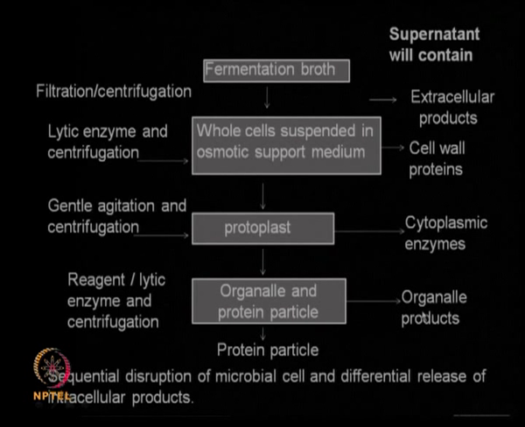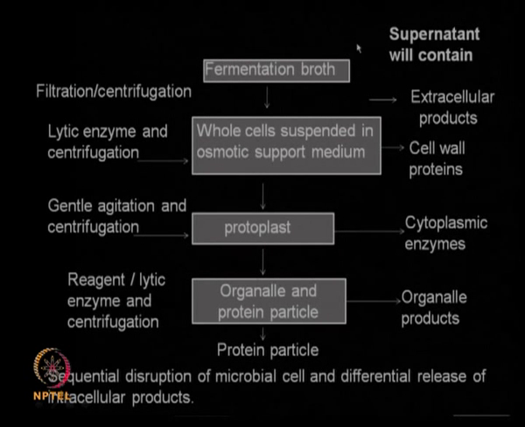If it is present inside organelles, then you need to resort to much higher disruption so that you get the products out. So the supernatant will first have extracellular products, followed by cell wall proteins, followed by cytoplasmic enzymes, and finally followed by the organelle products. Actually this is how sequential disruption of microbial cells happens.